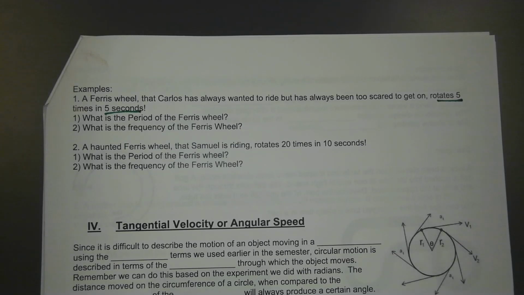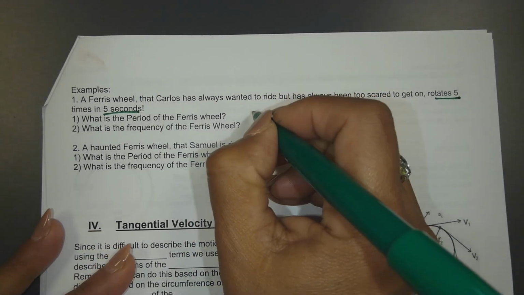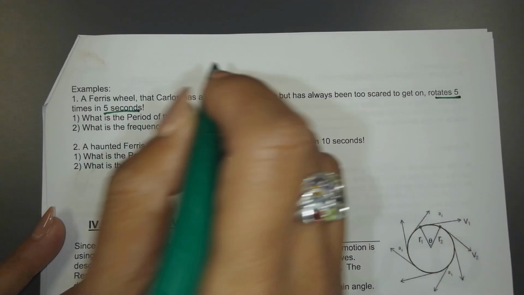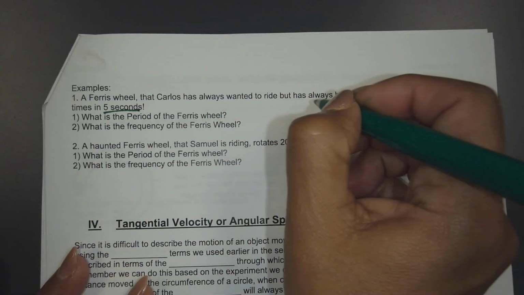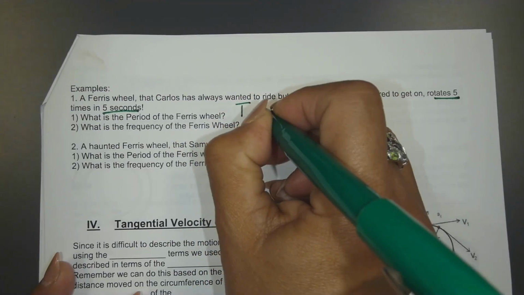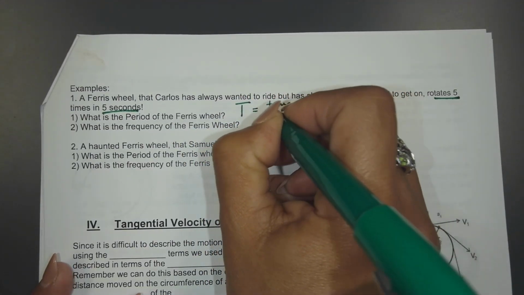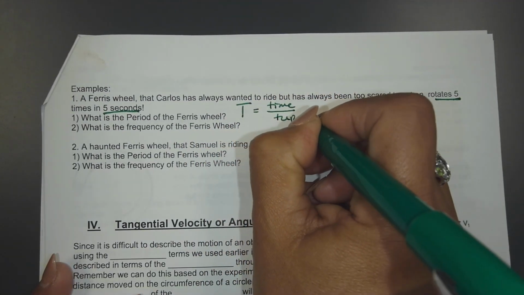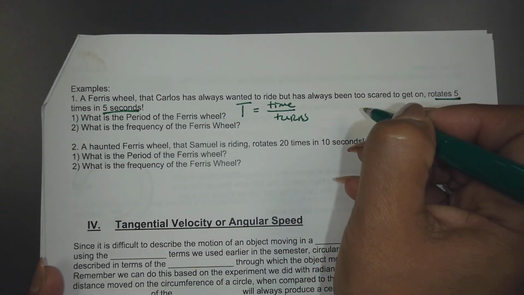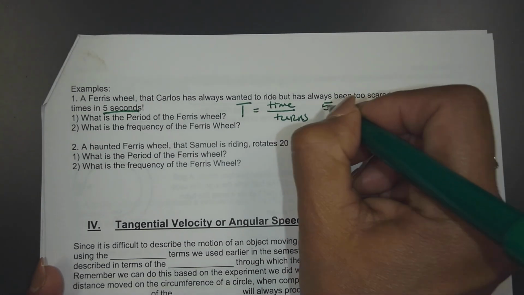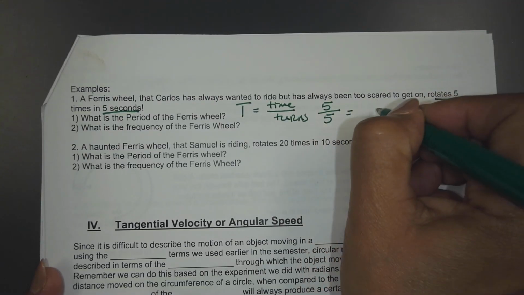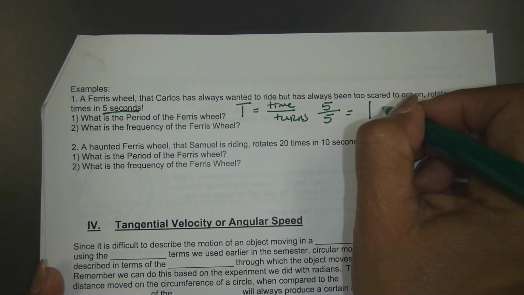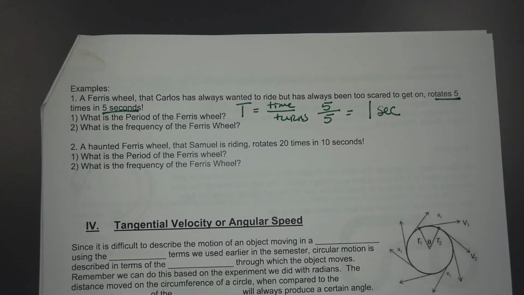Well, they did not give us frequency. So we're going to use the definition of period. What did we say on the previous page? The amount of time over the turns. Or how much time did it take? A total of 5 seconds. How many turns? 5 turns total. The period is 1 second.